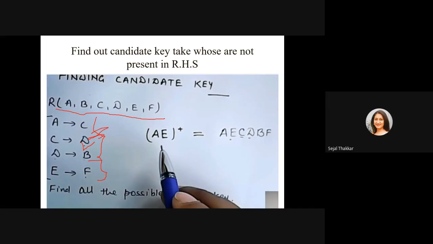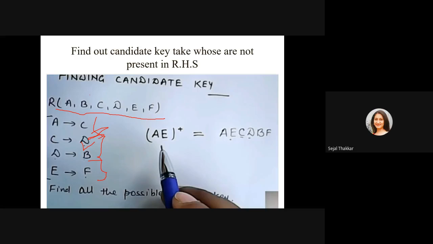So you can tell me which are the values in this relation but not present in the right hand side of this dependency. Can anyone answer me which are the values? Anyone? See here. Find out.